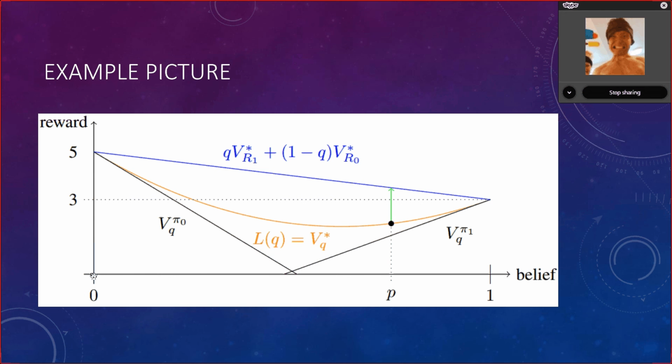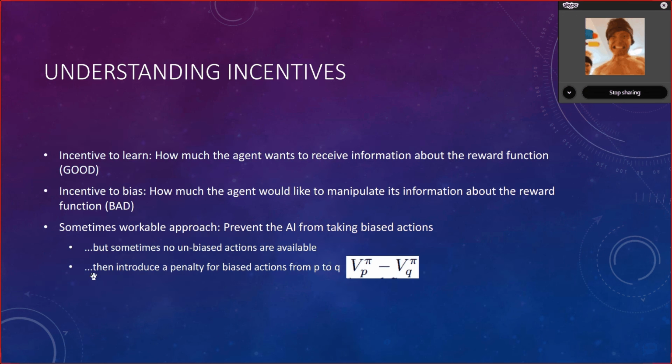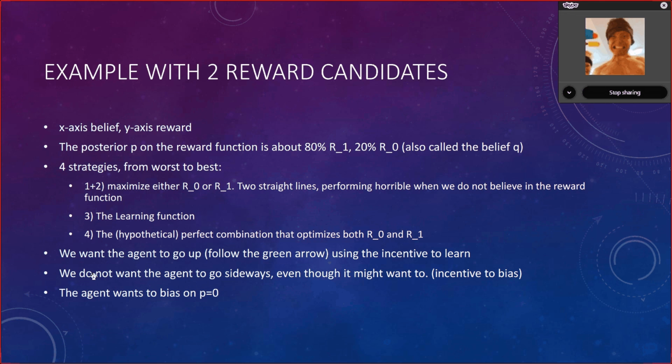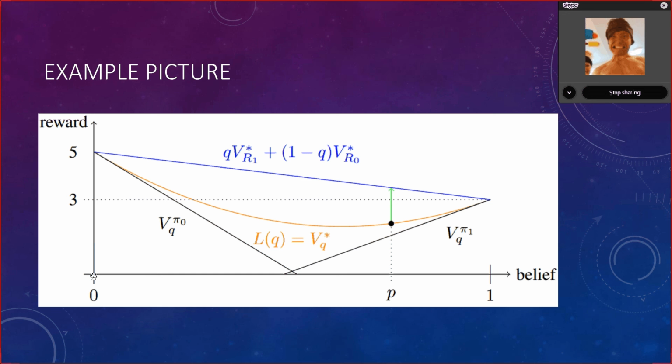The two hypotheses are called 0 and 1 in this case. So we have two reward functions, one called R1 and one called R0.